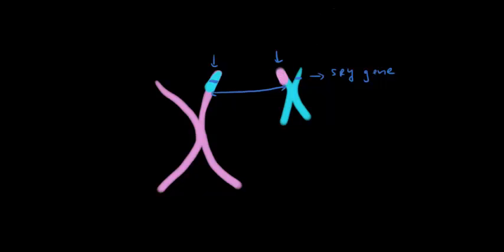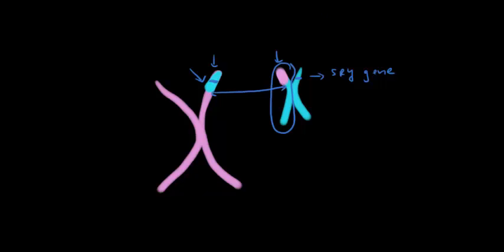Let's say this happens. So this is going to be pretty problematic because the gamete that gets this Y chromosome is going to be in trouble, because when that's fertilized, it's supposed to become a male because it has a Y chromosome, but it's actually missing a very important gene, the Sry gene, that's going to turn it into a male. So you can see that this can lead to a whole host of problems.